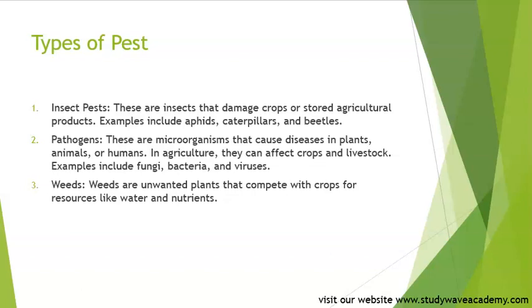Third, we have weeds. Weeds are unwanted plants that compete with crops for resources like water and nutrients. Weeds are unwanted plants that grow where they are not supposed to and compete with crops for nutrients and space.